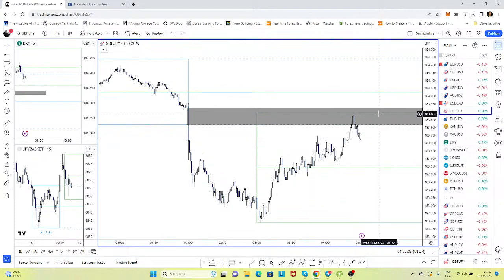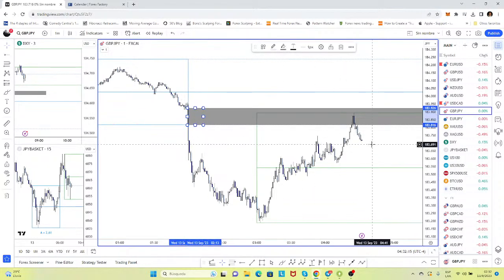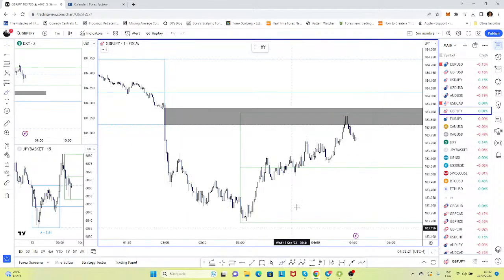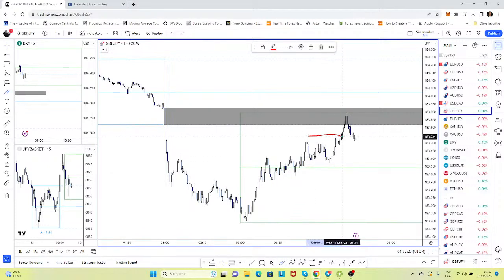So very interesting, right? The pound yen hitting that volume imbalance. We might get that particular setup that Juan was talking about. But again, this would be what I would look for.